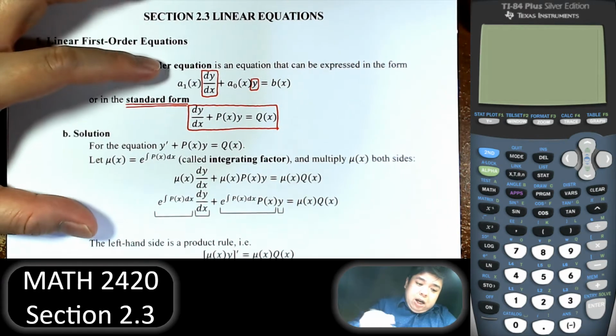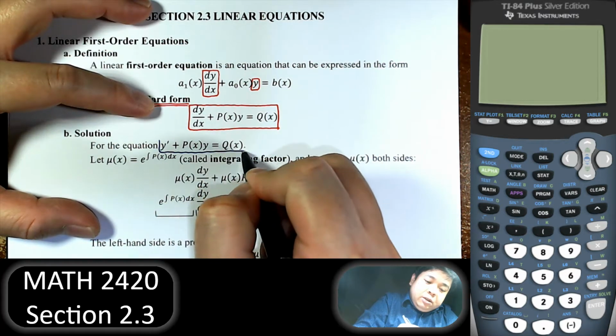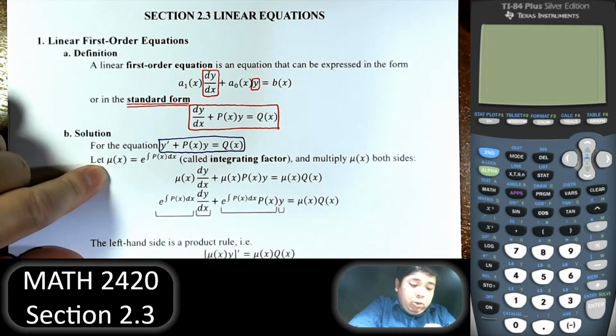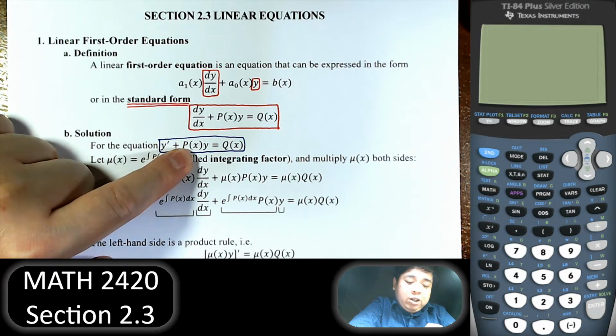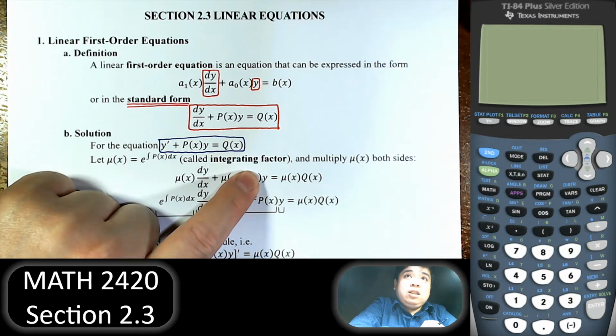So first, we start with the equation in standard form. So this is where we start. And then we will let mu of x equal e to the integral of the coefficient of y. And that is called the integrating factor.